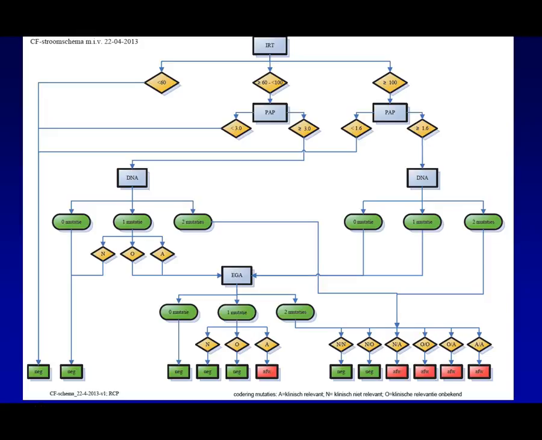When there is an elevation of IRT and PAP and there's either 0 mutations or 1 or 2 mutations, there's a different strategy, and when there's only 1 mutation, then extensive genomic analysis is performed, and also based on the outcomes of this, there's either a normal or an abnormal outcome.